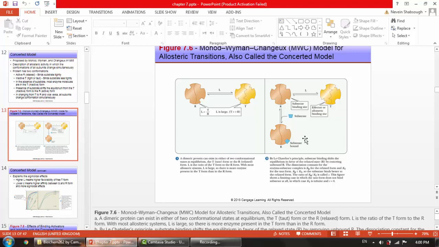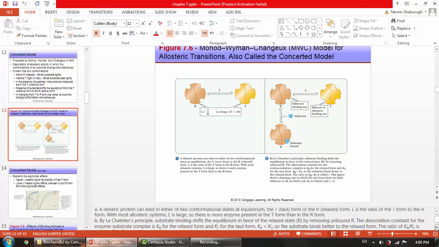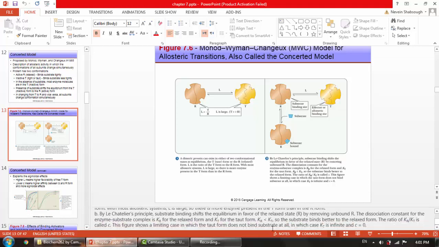Also here we want to define two things: the enzyme-substrate complex dissociation constant Kr, and the enzyme-inhibitor dissociation constant called Kt. Now always Kr is less than Kt. What does this mean?